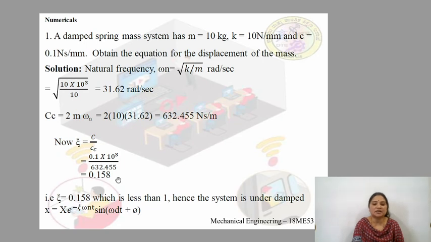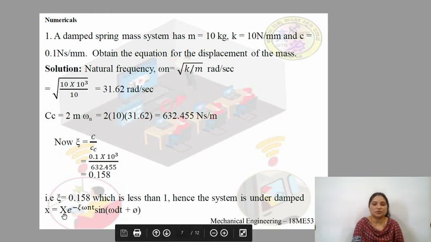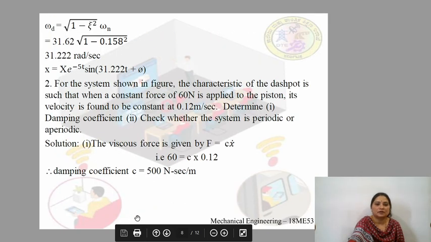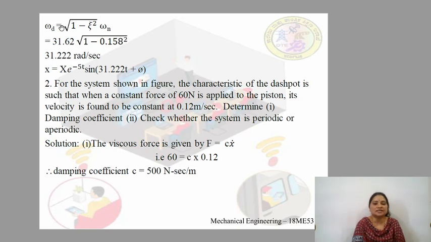Hence the system is an underdamped system, wherein the displacement will be x equals X into e to the power of minus zeta omega n t sine of omega d t plus phi. We know that omega d is equal to square root of 1 minus zeta square times omega n. So substituting the values of omega n and zeta, we get omega d as 31.222 radians per second.